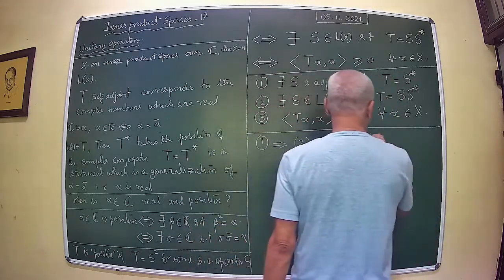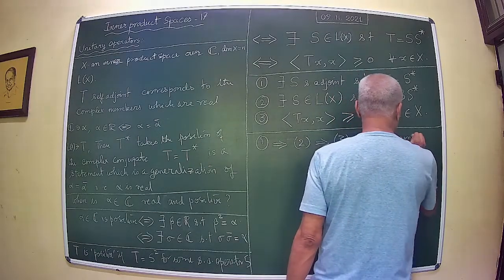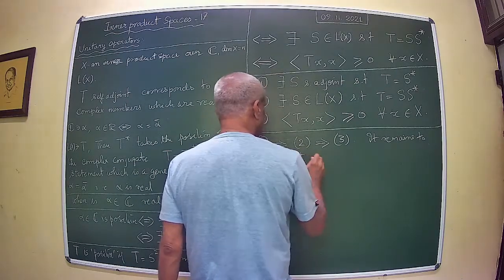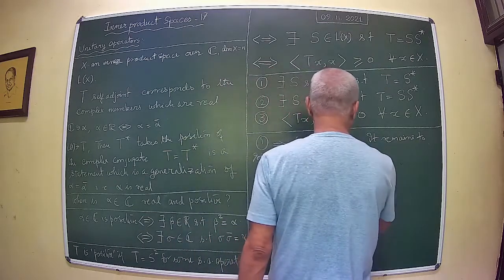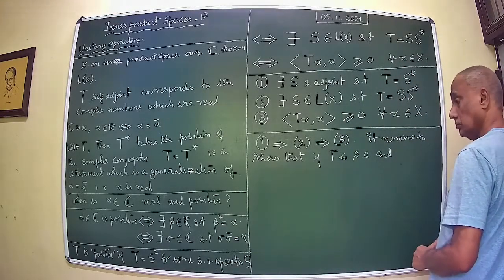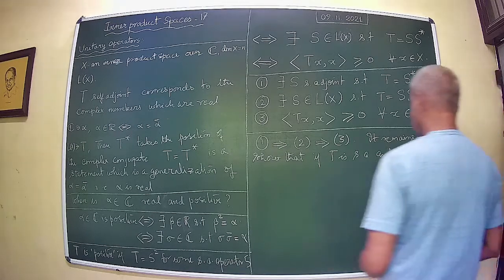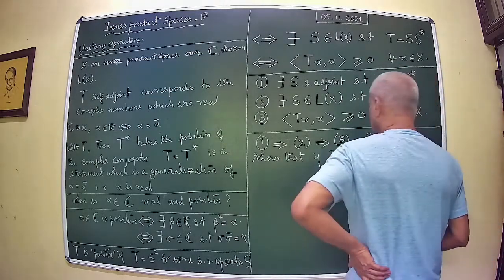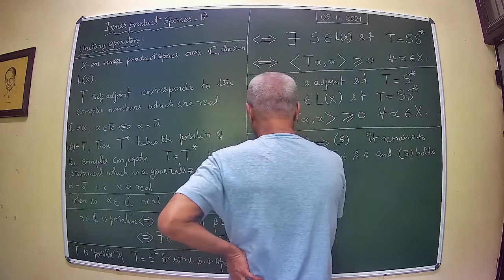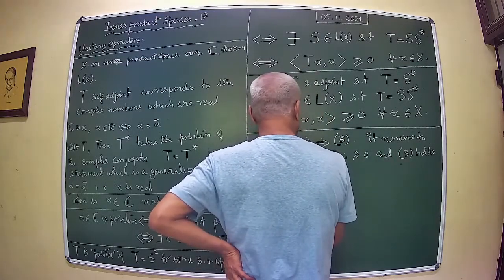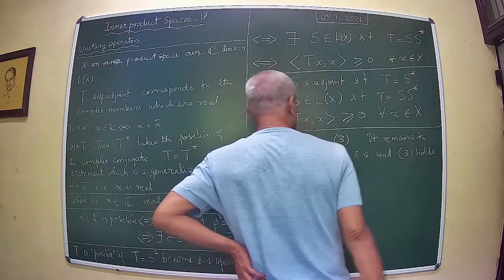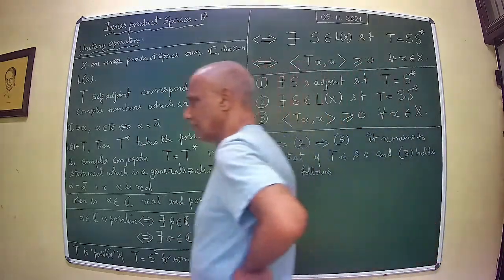So it remains to show that if the inner product condition holds, then P is self-adjoint and so on, so that you would have 1 implies 2, 2 implies 3, 3 implies 1.